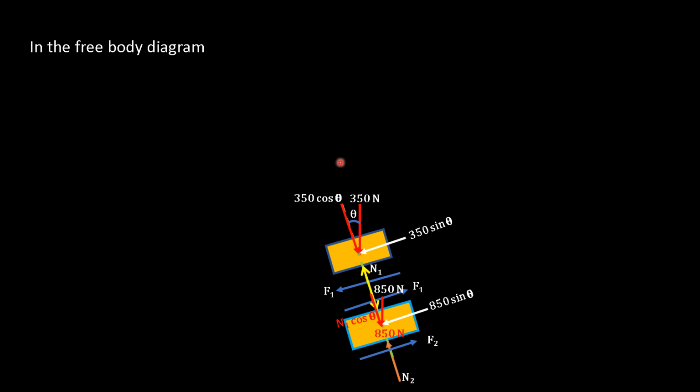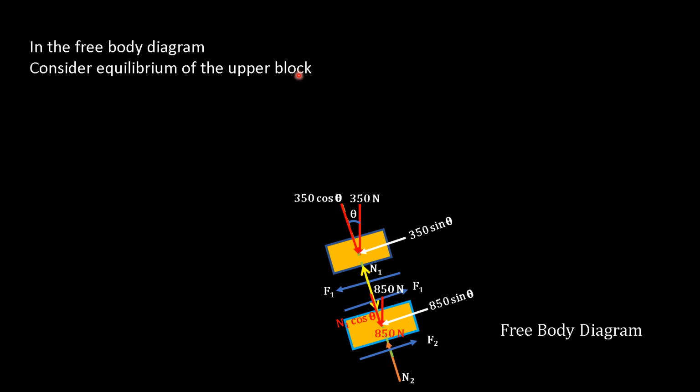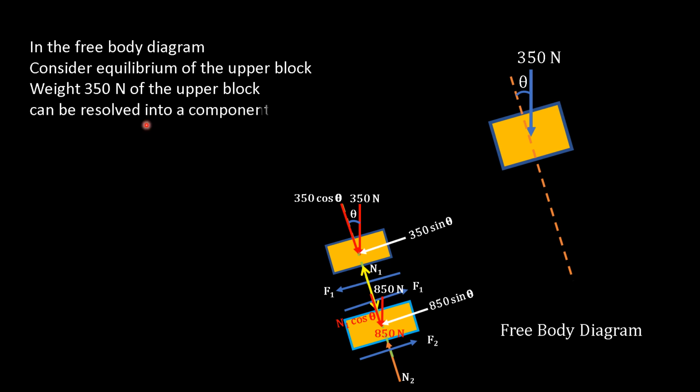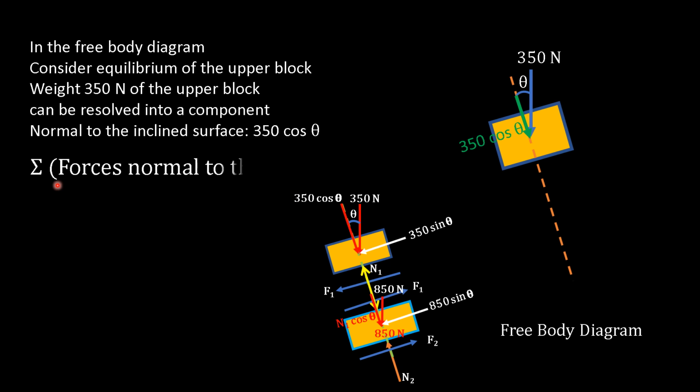In the free body diagram, consider equilibrium of the upper block. Weight 350 Newton of the upper block can be resolved into a component normal to the inclined surface, which will be 350 cos theta. Summation of forces normal to the inclined surface will be 0.